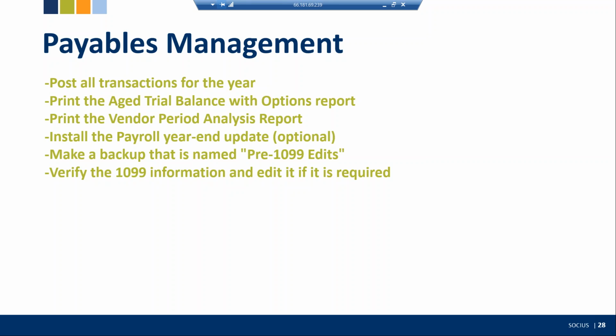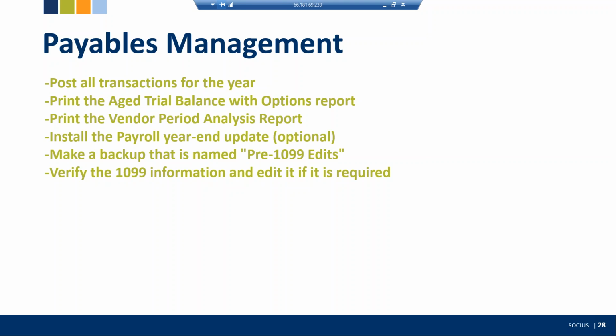Now, the next item on this list might throw you for a loop. Notice that on this list, there's install the payroll year-end update, and it's optional. I don't know if any of you on the line are using payroll, but the year-end update is typically available to prepare payroll for the closing of the year. That might be a change in the format of the W-2. It could be a variety of different things that help you prepare for that.